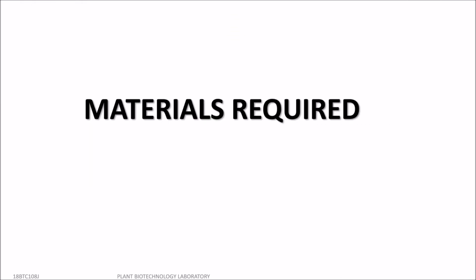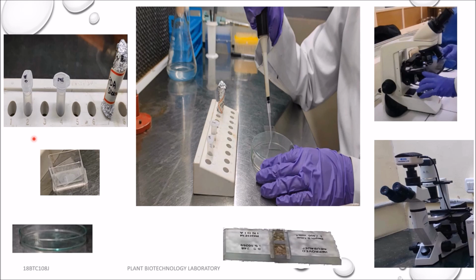Materials required for analyzing cell viability and cell density are samples of suspension culture cells from the first week and third week of culture, taken in Eppendorf tubes for determining cell density.